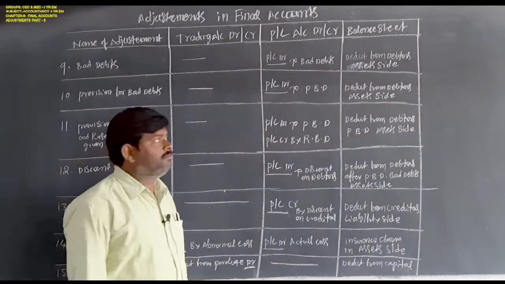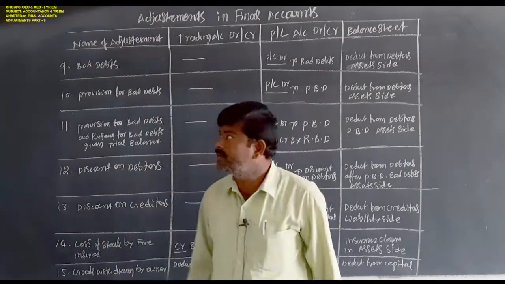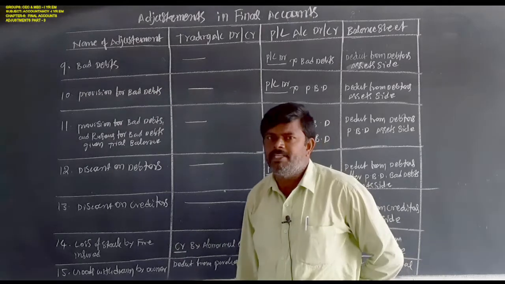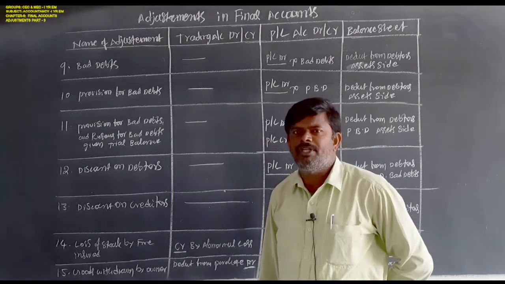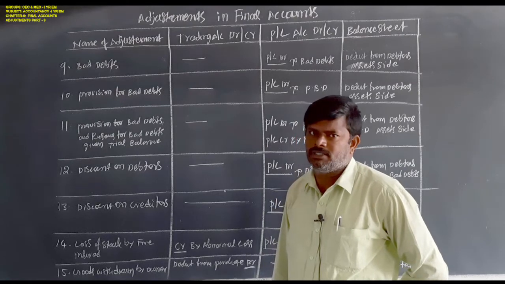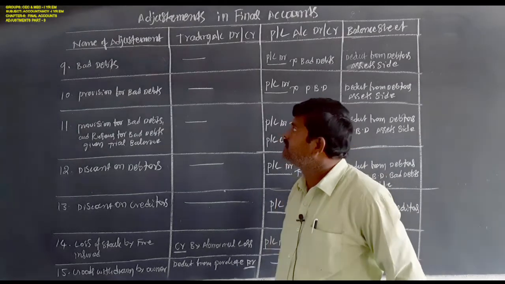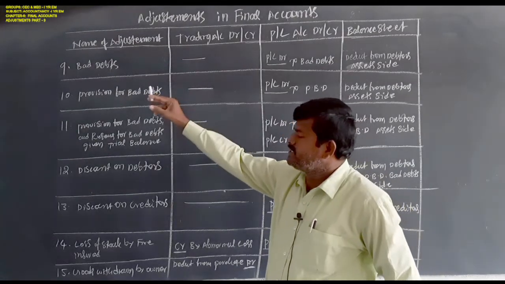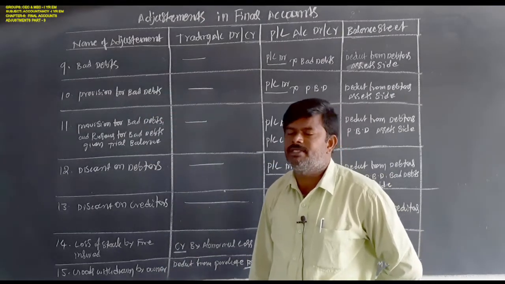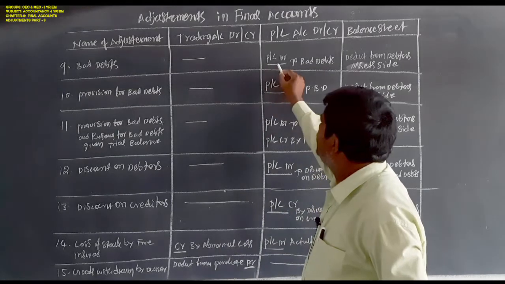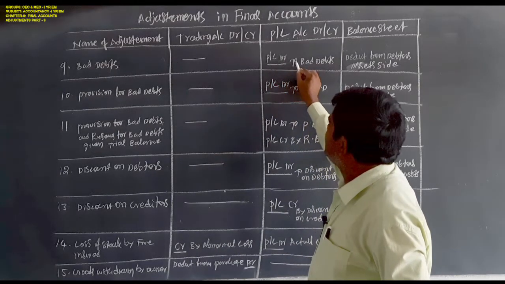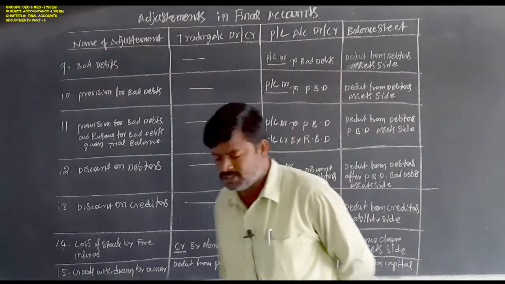Come to the first one, bad debts. Bad debts means the amount is not recovered from the debtors. If any bad debts is given in the adjustment, below the trial balance, it must be recorded on the P&L account debit side as bad debts.